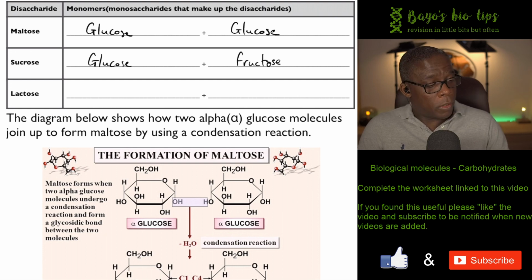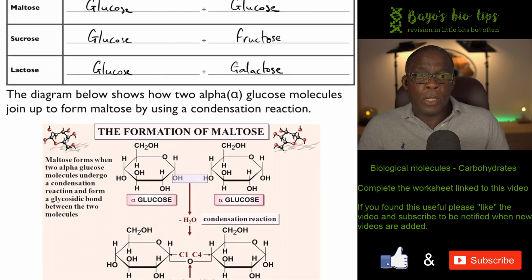And then lactose is made up of glucose and galactose. As you can see, all of those 3 main disaccharides have a glucose molecule in them. What causes them to differ from each other is the second molecule within the structure.